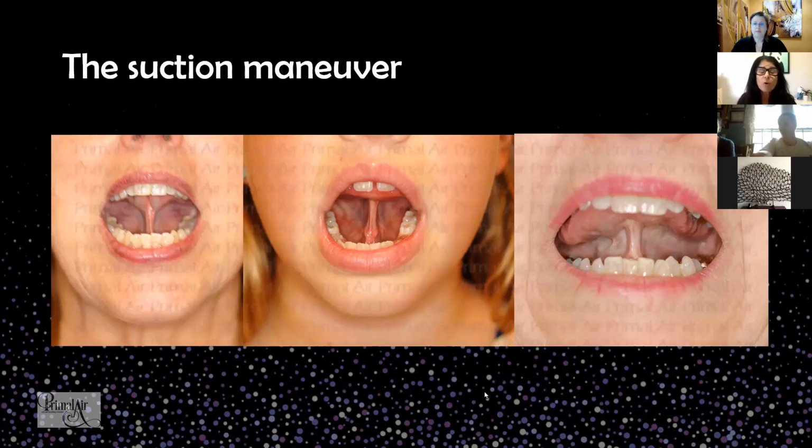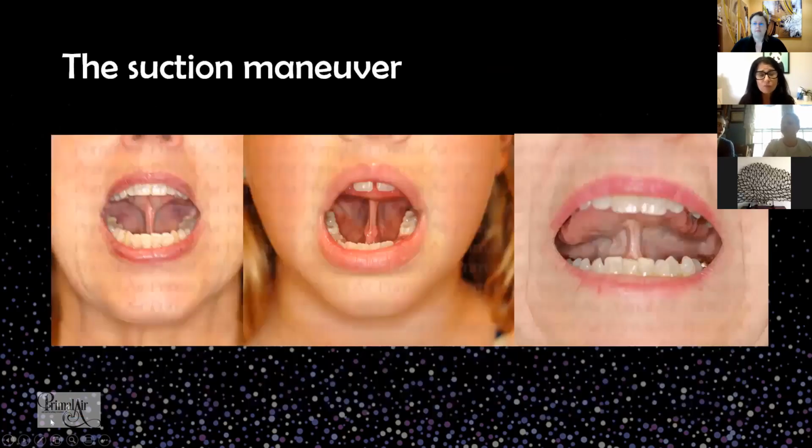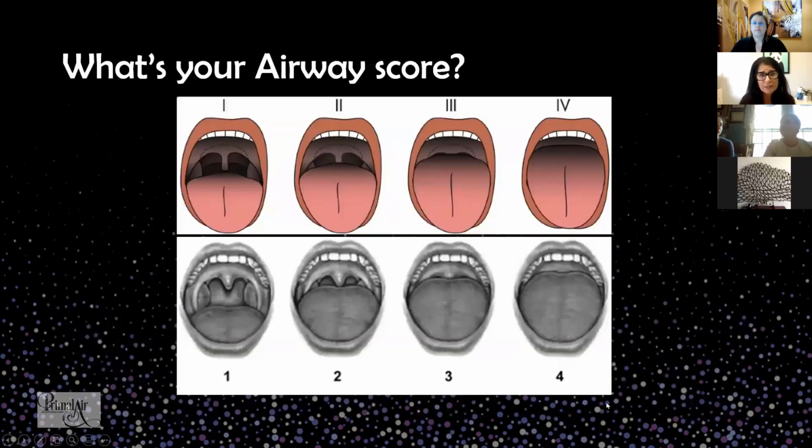You may see the whole floor of the mouth lifting. You may see the overflow of the tongue onto your teeth. So there are many variations of the suction maneuver that you're going to see. So here's an example.